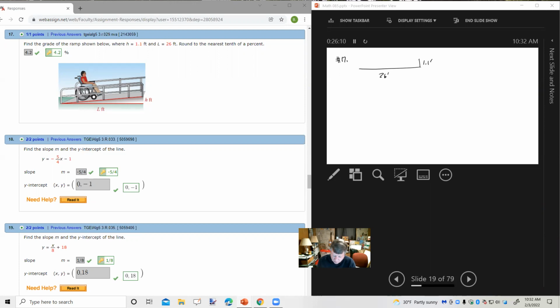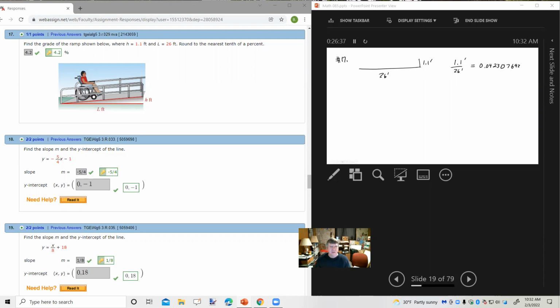All right, so the slope being rise over run would be 1.1 foot over 26 feet. The units of feet would cross out because they're the same. 1.1 divided by 26 equals 0.04230769, and who knows after that.